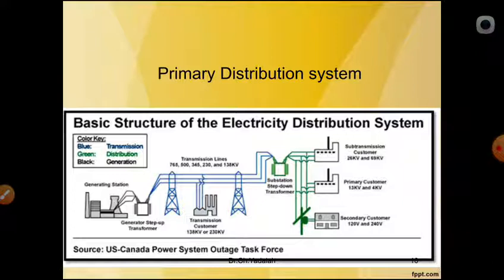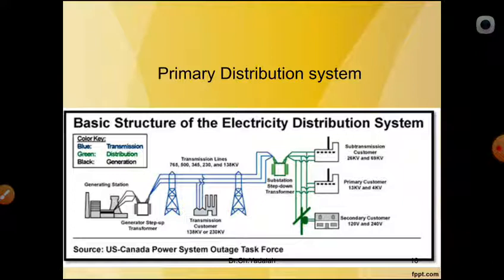So this is the overall idea of the transmission system. Now, the primary distribution is where the majority of the consumers, like paper mills, rice mills and some small factories, directly take the 11 kV. That is known as the primary distribution system.